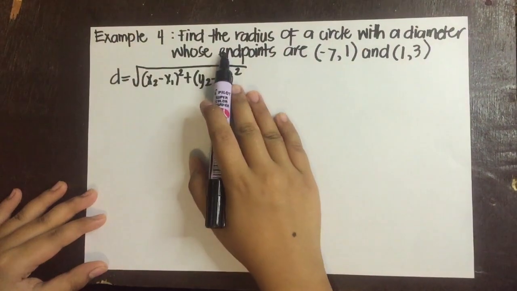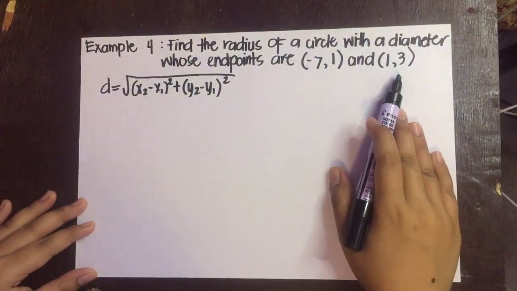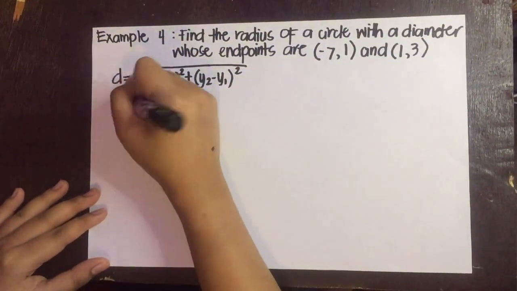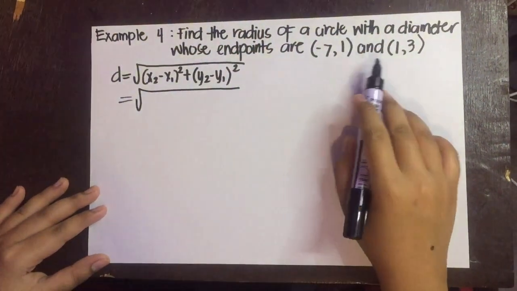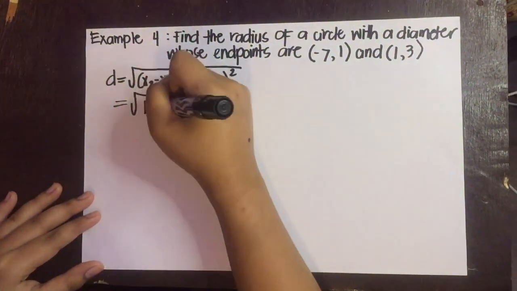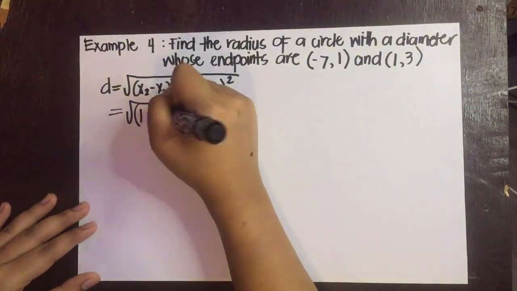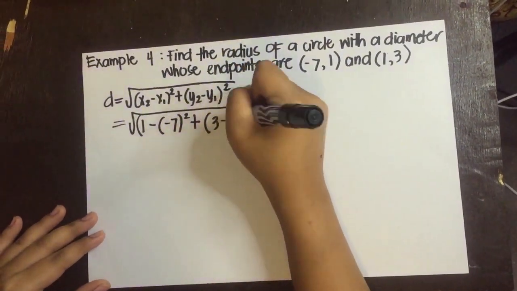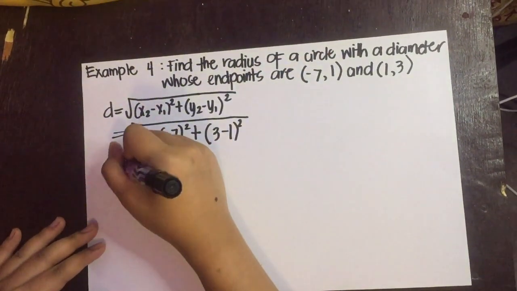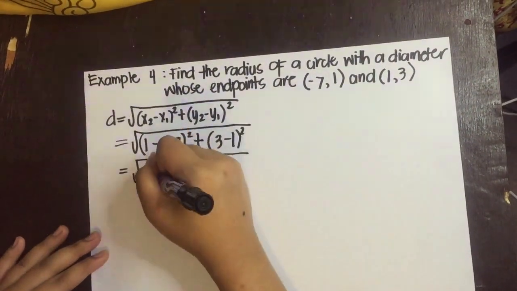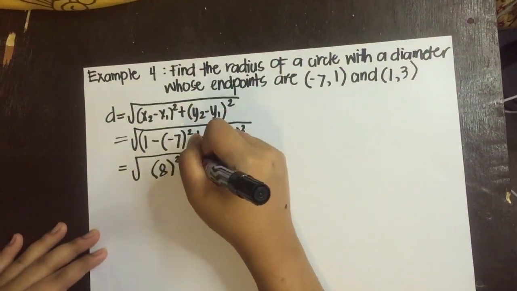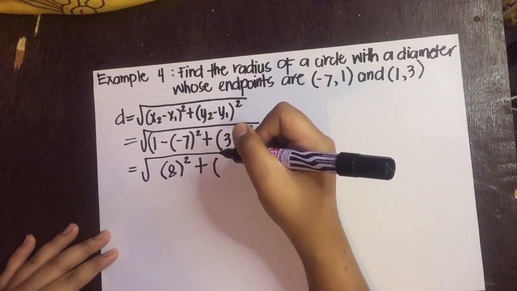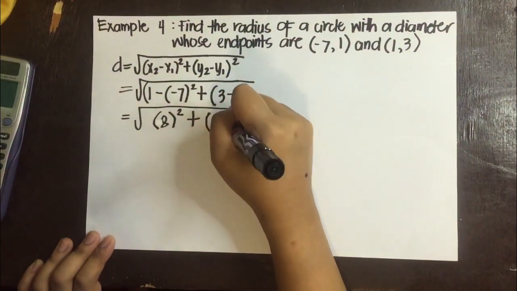In our example 4, find the radius of a circle with a diameter whose endpoints are negative 7 and 1, and 1 and 3. So we're going to substitute here from our distance formula. 1 minus negative 7 squared plus 3 minus 1 squared is equal to the square root of 8 squared plus 3 minus 1, which is 2 squared.